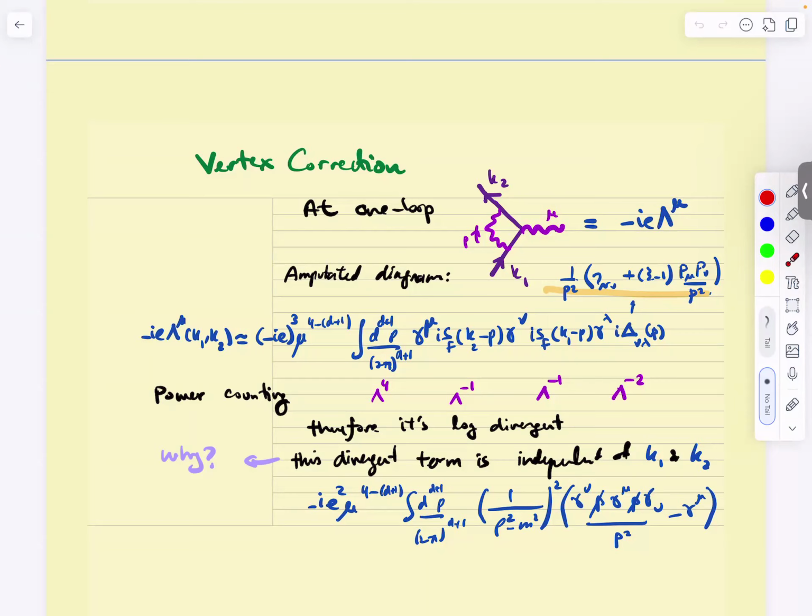This is going to be a correction to that. So let's just write it. Minus i e lambda. Lambda, I call it lambda. Now you already have some clue that there is a renormalization of charge that's going to be related to this. So there is a connection between this diagram and the vacuum polarization, right?